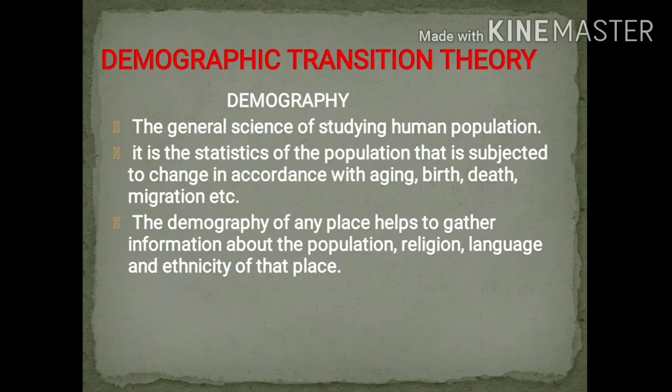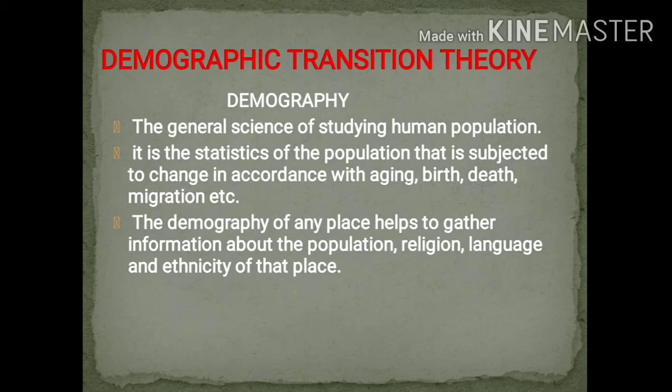Now comes a very important theory from the exam point of view. It often comes in the board exam, which is demographic transition theory. But before going to this theory, we have to first understand what is demography. Demography can be defined as the science which studies human population.